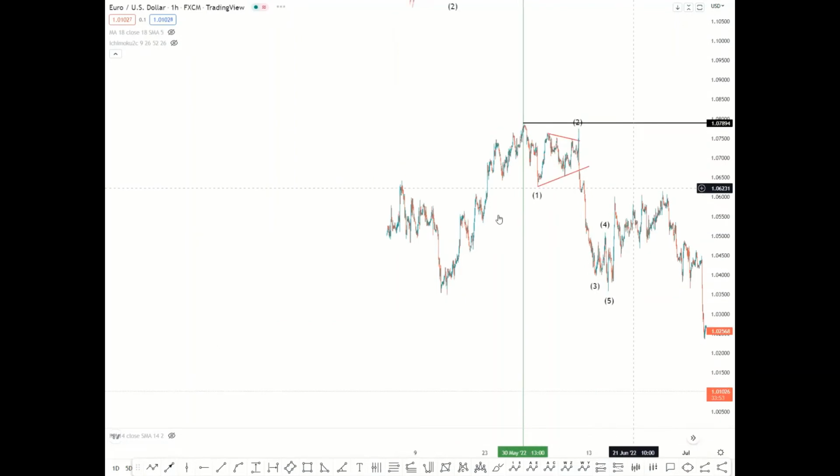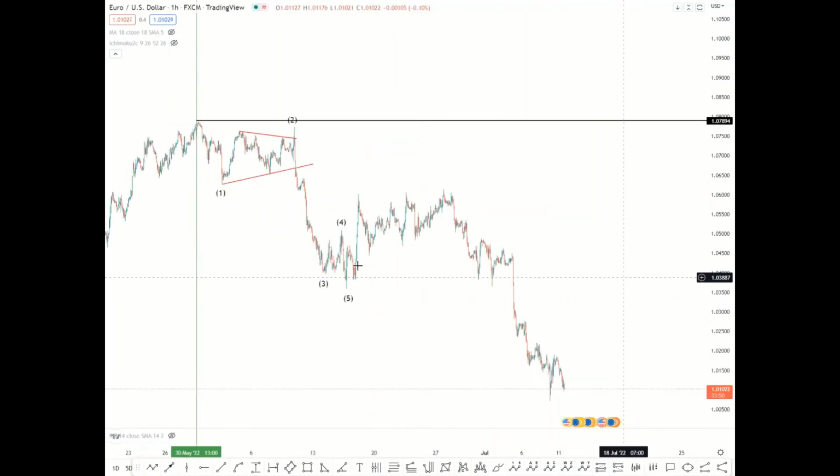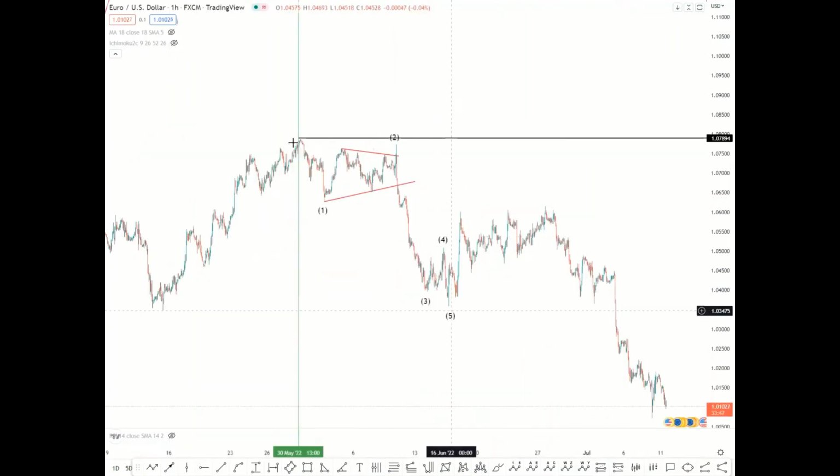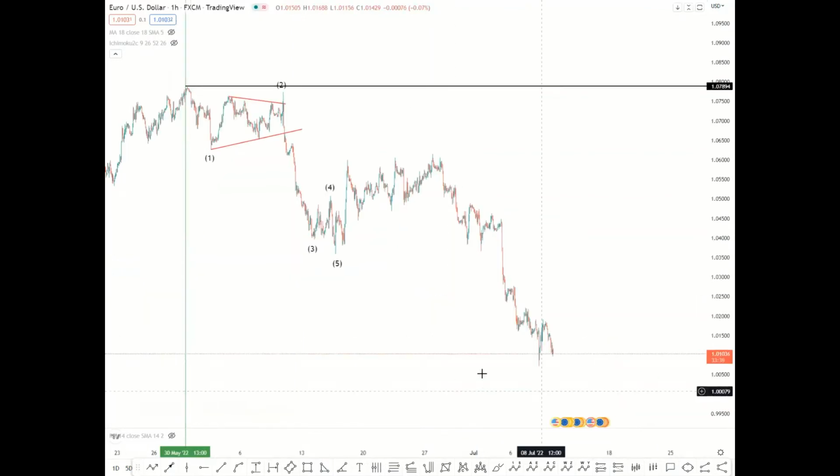It gives you 5 waves: 1, 2, 3, 4, 5, and then you can count this as 1, 2, 3. As you see, it's making a long run to the downside, which will be wave 3, the longest, and then we're going to have 4, 5. It unfolds itself continuously, it never dies.